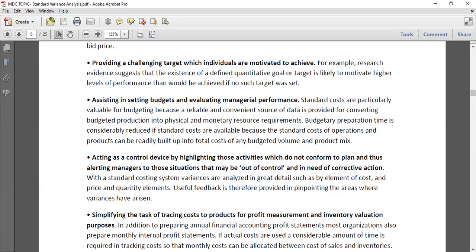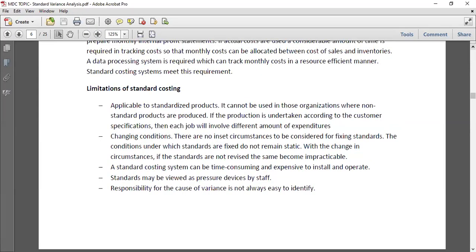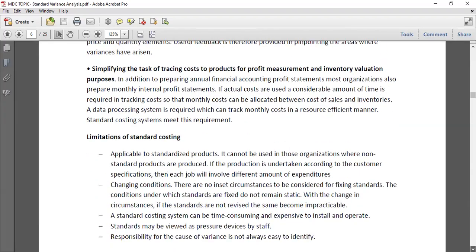And then it's able to know if it's moving rightly or there actually needs to be a corrective action that is to be made. So that is very true. And then, of course, simplifying the task of tracing costs to products for profit measurement and inventory valuation purposes would also be one of the advantages of the standard costing.